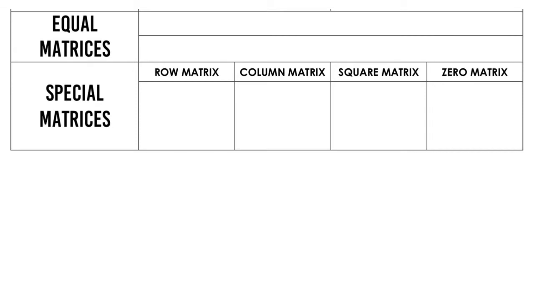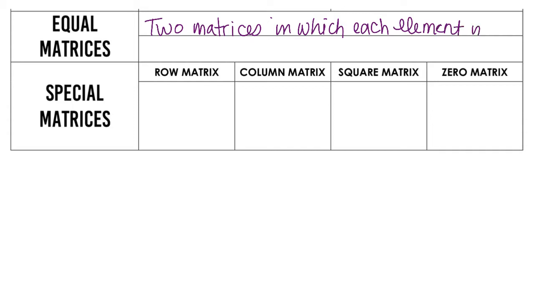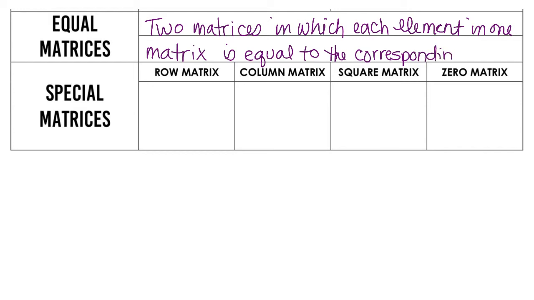Now, when we talk about equal matrices, then we're going to make the statement that 2 matrices in which each element in one matrix is equal to the corresponding element in the other matrix.